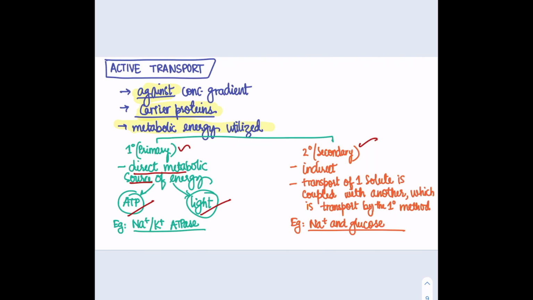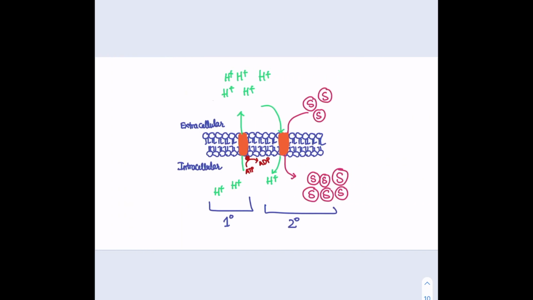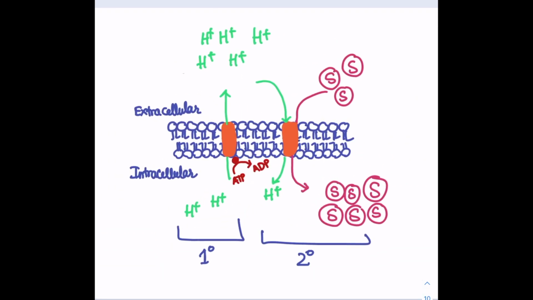The most predominant form of this transportation is the exchange of sodium and potassium ions in the cell across the plasma membrane, which I will cover in a different video. In the secondary transport, an indirect source is utilized where the transportation of one solute is coupled with the other and either of the two are transported by a primary method. An example of this is the transport of sodium ions and glucose in the cells of the small intestine, which I will also cover in a different video.